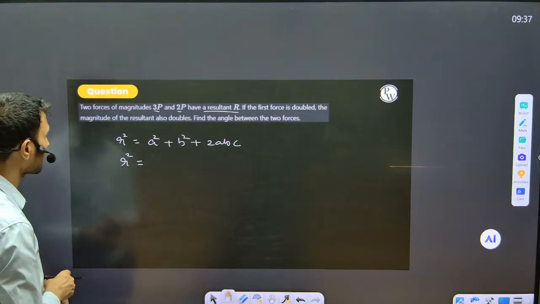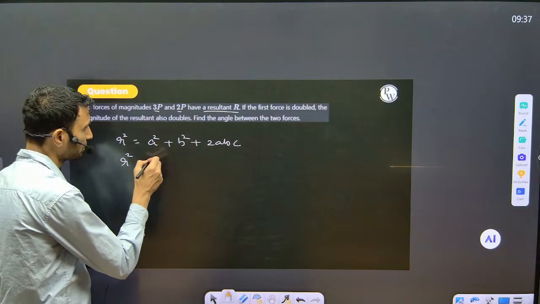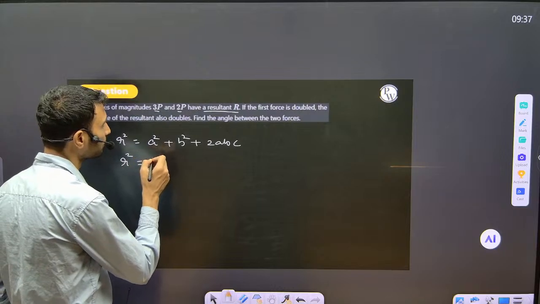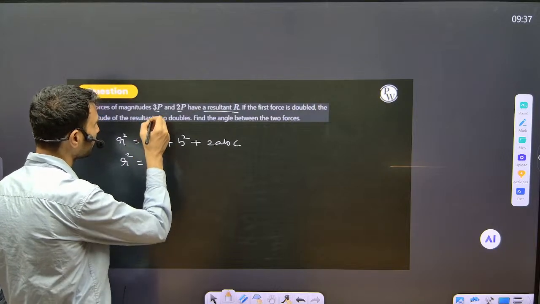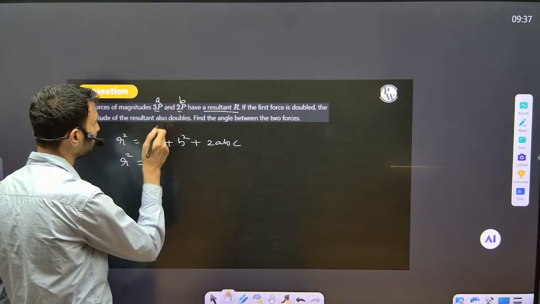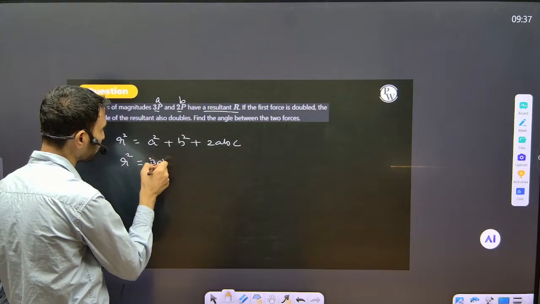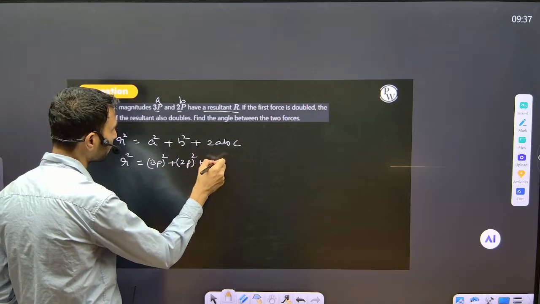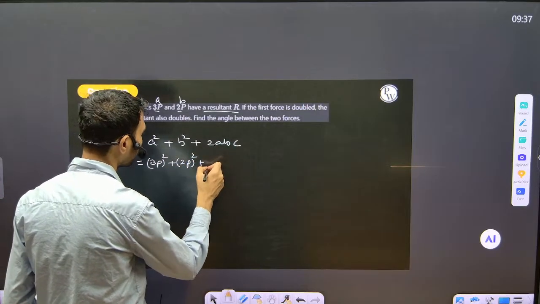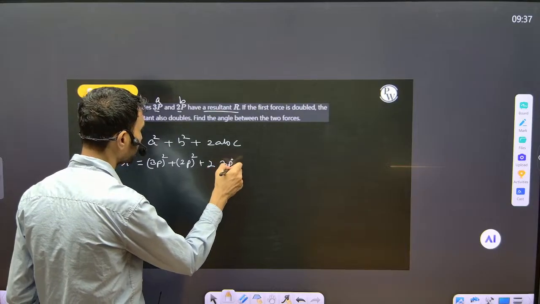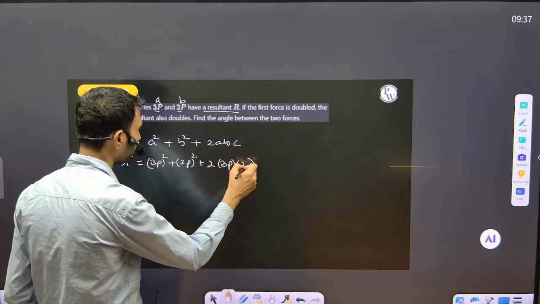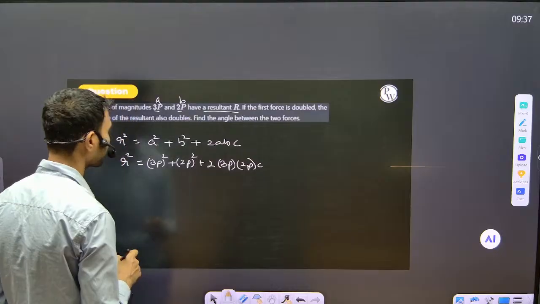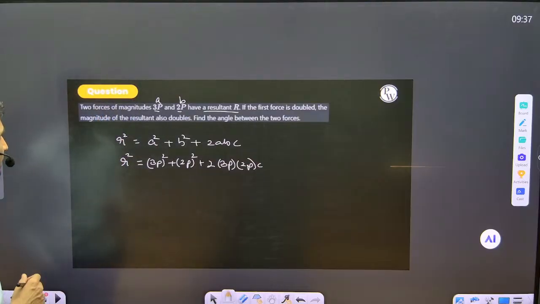So I can write R square is equal to, this is A, let's call this B, 3p whole square plus 2p whole square plus 2 into A, which means 3p, into 2p into cos theta, right?